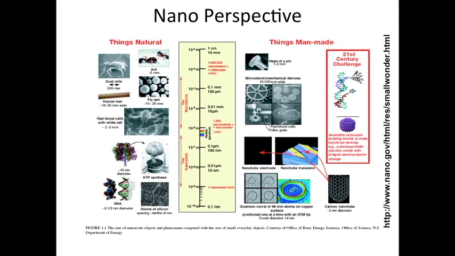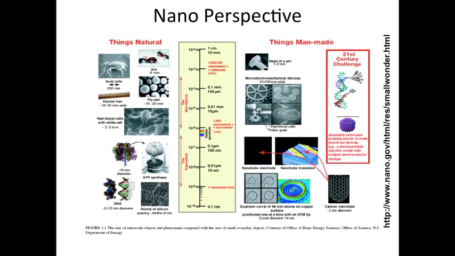Carbon nanotubes are used to make the channel region. The MOSFET or the transistor has three different regions. One is the source, from where we get the electrons. There is a drain. The electrons flow from source to drain, and there is a channel region which connects source and drain.